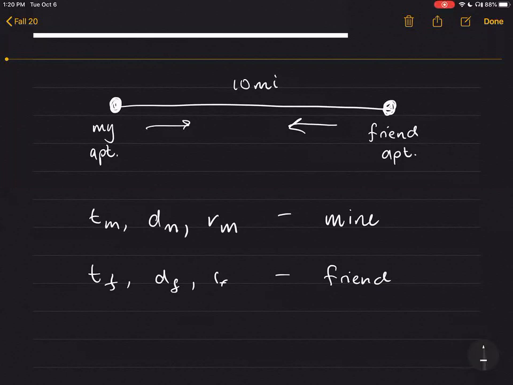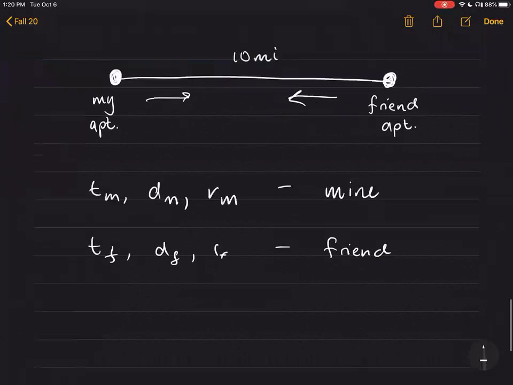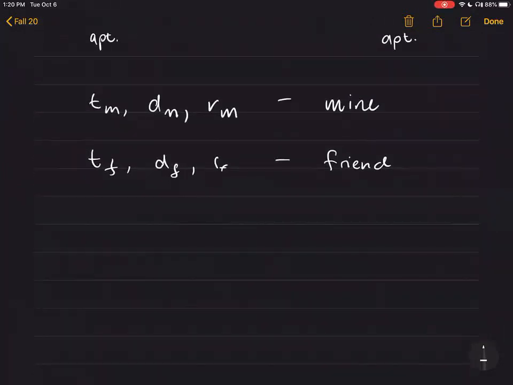Okay, there's a lot of variables, but let's see if we can't put them into some equations. So because it's a distance, rate, and time problem, distance equals rate times time. So we already know right off the bat that no matter what, we have these two equalities.